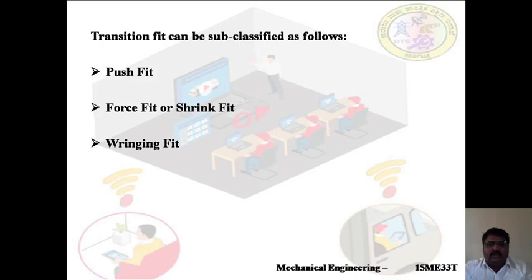A slight negative allowance exists between two mating parts in ringing fit. It requires pressure to force the shaft into the hole and gives a light assembly, and it is used in fixing keys, pins, etc. So these are all the different sub-classifications of clearance fit, interference fit and transition fits.